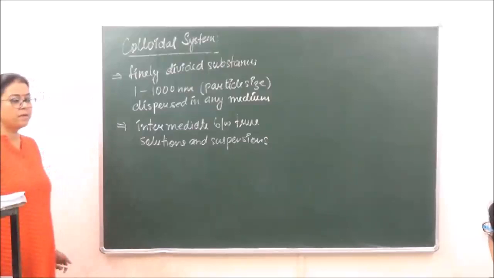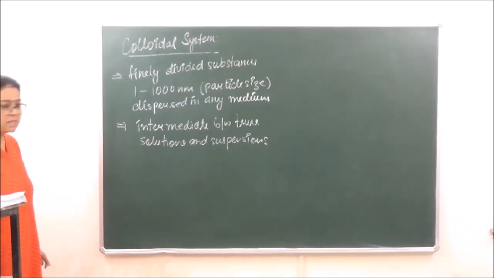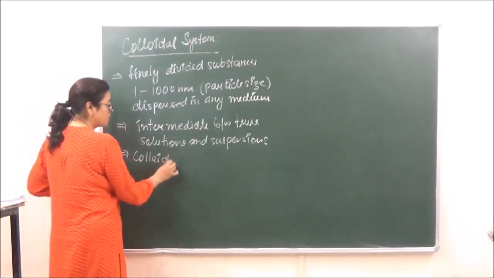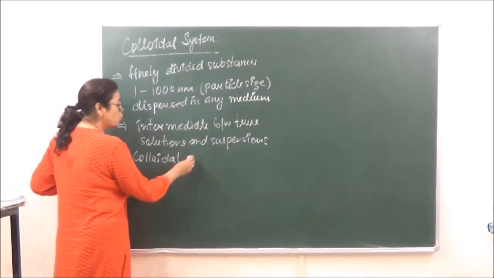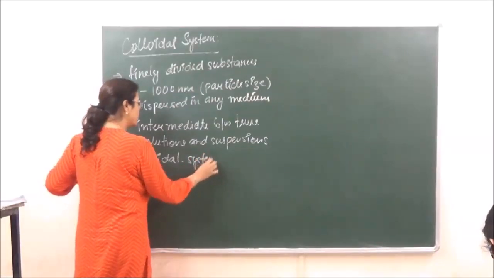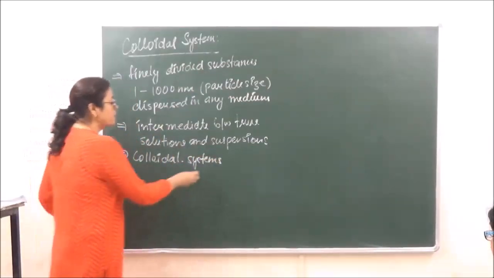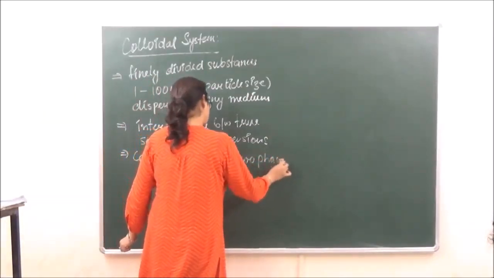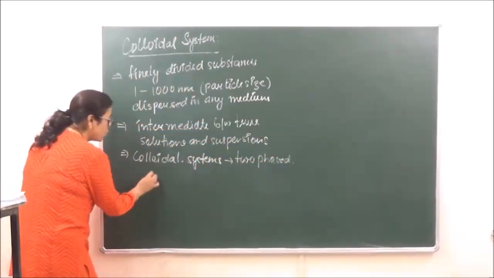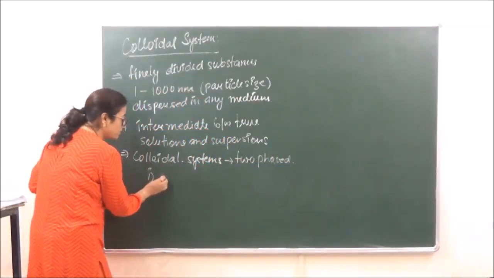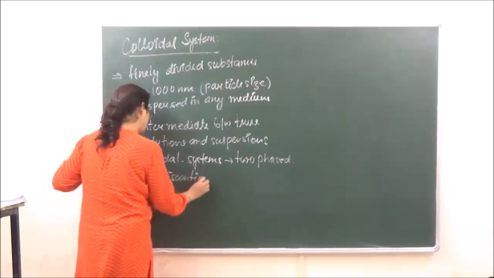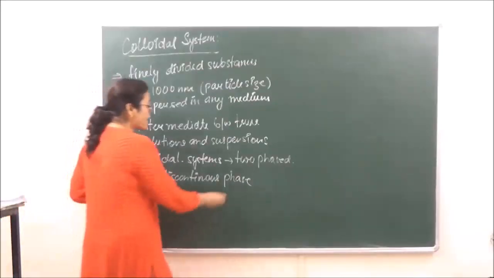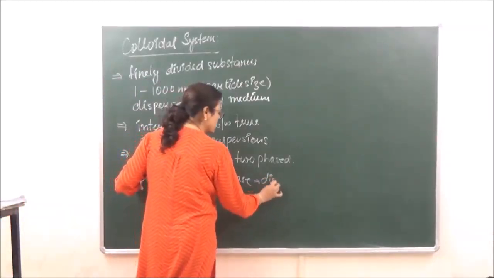We say that any colloidal system consists of two phases, or in other words, a colloidal system is a two-phased system in which there is one discontinuous phase, which is known as the dispersed phase.